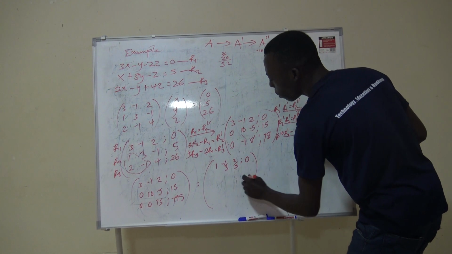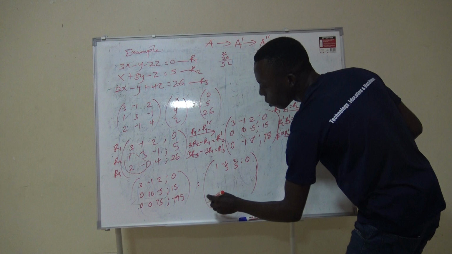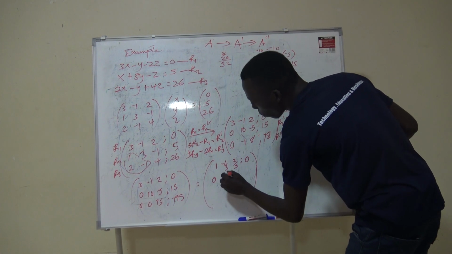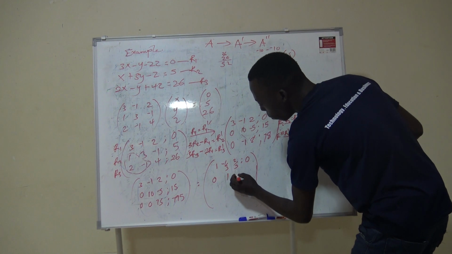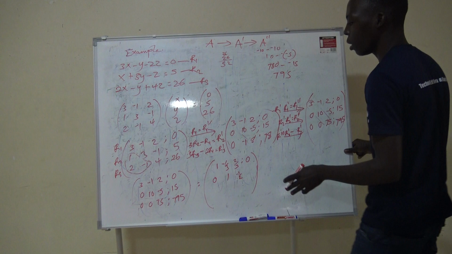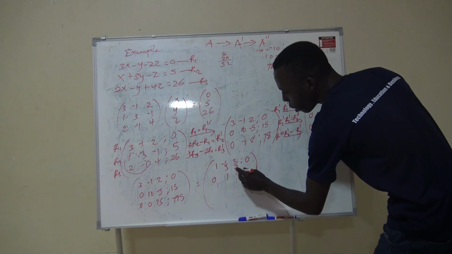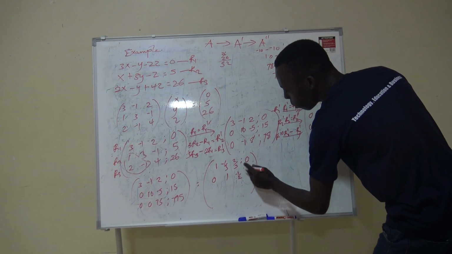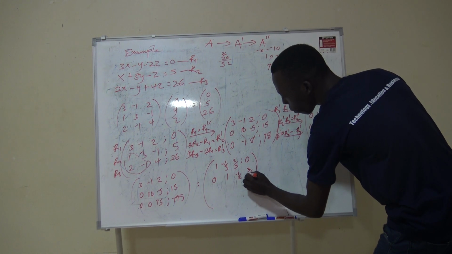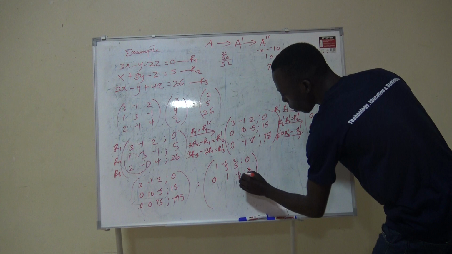When you divide 0 by 3, you get a 0. Also this side you have 0. This one will be 1 when divided by 10. This one will be -1/2. When you divide 5 by 10, you get -1/2. Then 15 divided by 10, you get 3 out of 2.